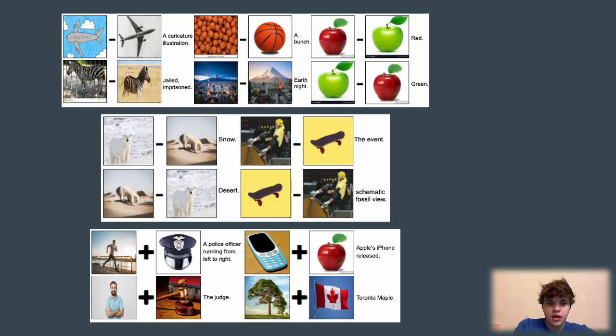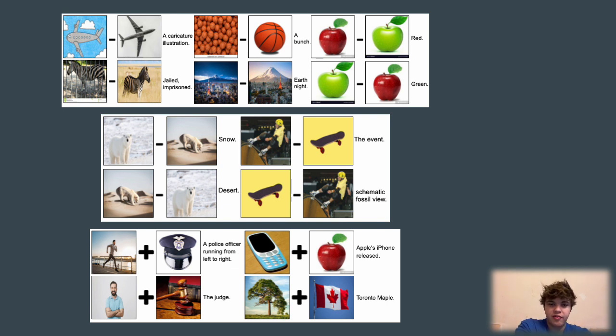So now we're going to take a look at the arithmetic. I'll just go through a couple of them because there's a lot on here. Starting off with the top left, you have a caricature illustration of a plane, and then you have a plane. So whenever you subtract these, you just get a caricature illustration.